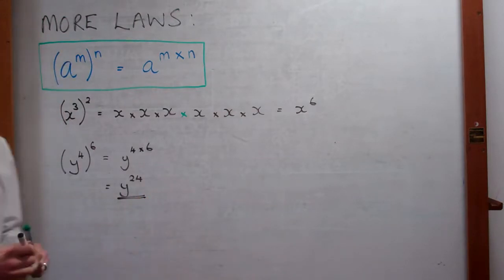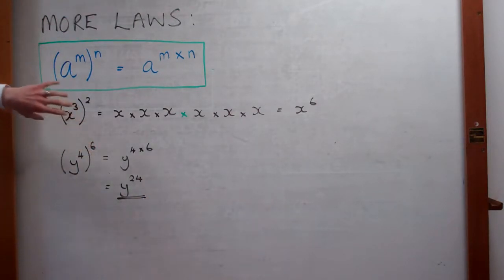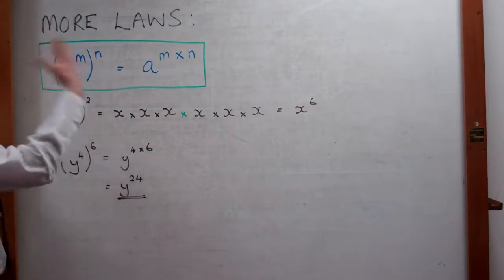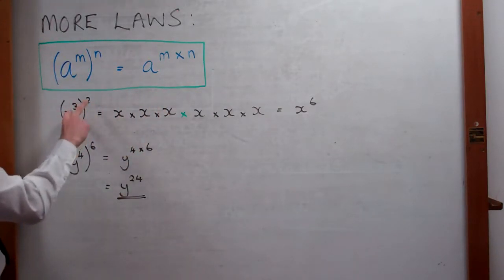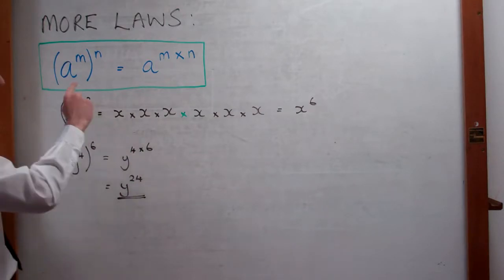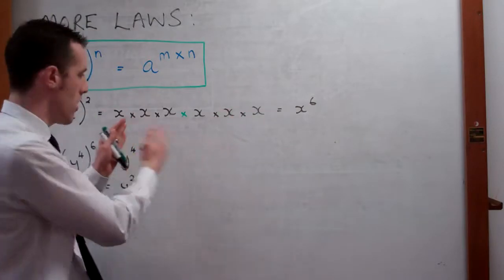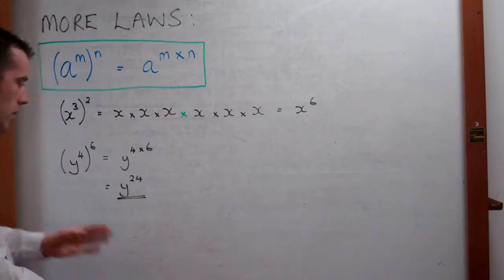Like so. Okay? So, just to go over again, when we have a bracket and we're raising a variable raised to a power to another power, then we can multiply the indices together, giving us the new index when we simplify. Okay, again, we don't have to write this bit out. This is just to show you how it works. Okay, with a nice simple example.